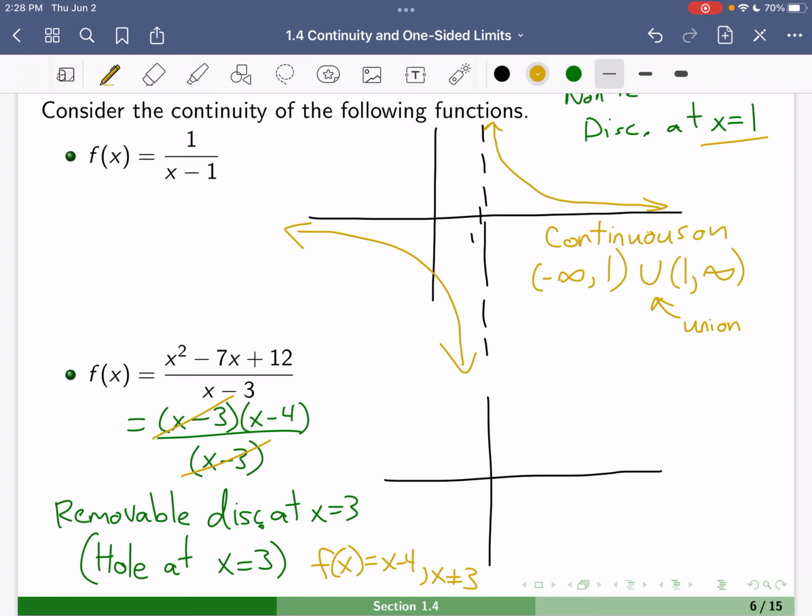So at 3 we need to have a hole in the graph, but otherwise this graph is going to look exactly like y equals x minus 4. We have a y-intercept of negative 4, and at 3 we're going to have a hole in the graph.